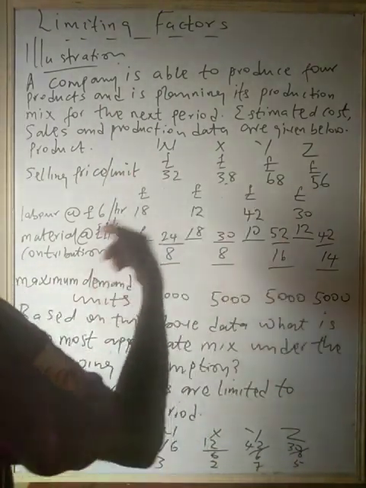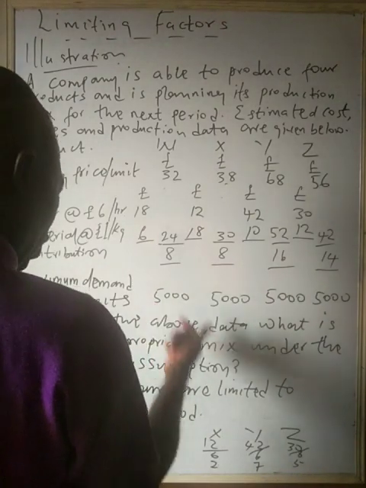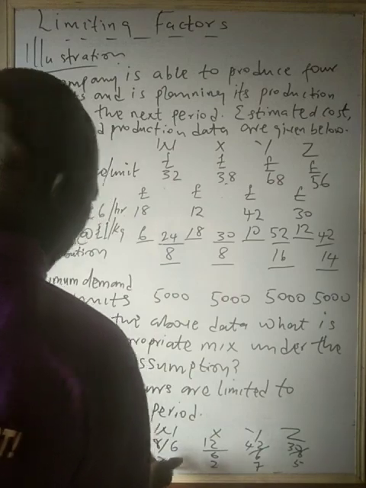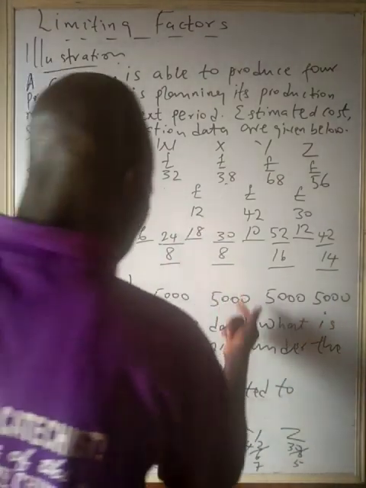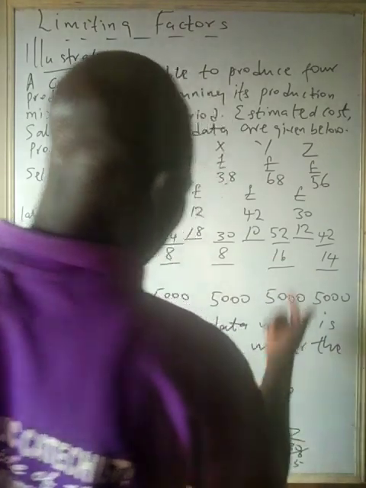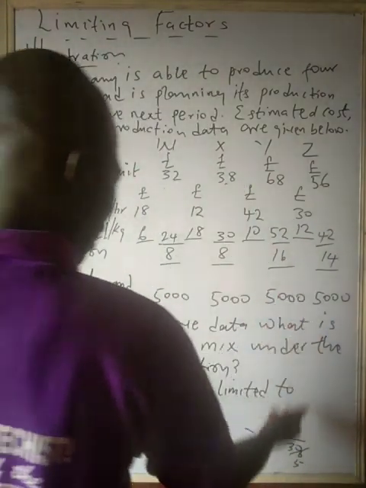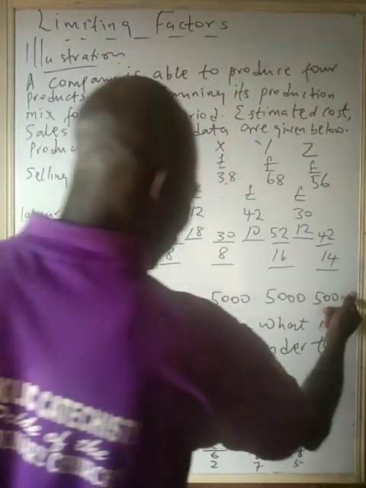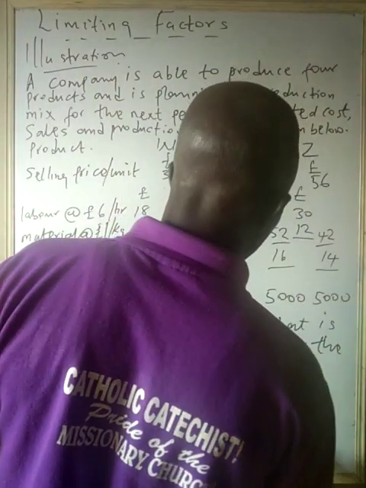Then for 5,000 units it is going to be 5,000 multiplied by 3, giving us 15,000. 5,000 multiplied by 2, giving us 10,000. 5,000 multiplied by 7, giving us 35,000 hours. 5,000 multiplied by 5, giving us 25,000 hours for product Z.